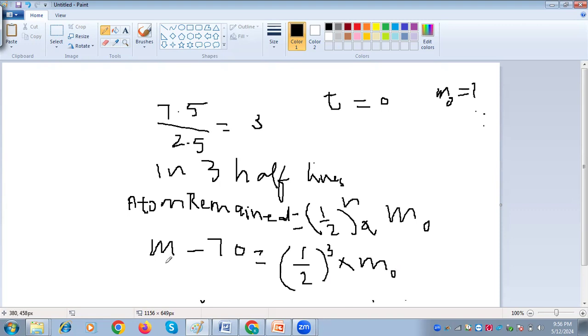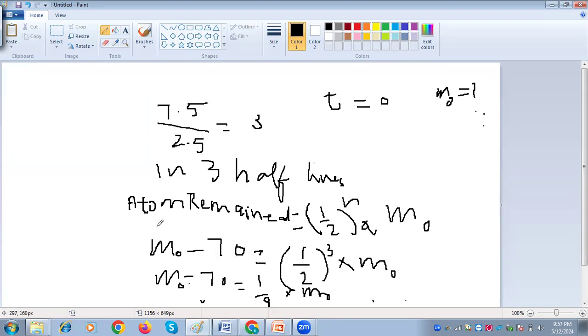So this is the new mass and we can write M, that is M minus 70, is equal to 1 over 8 into M0. Okay, so this is remained, that is M0 minus 70.